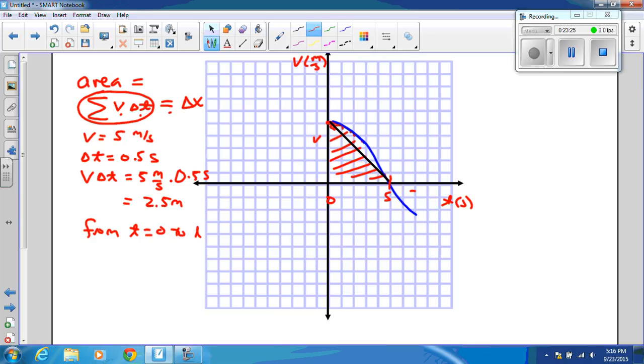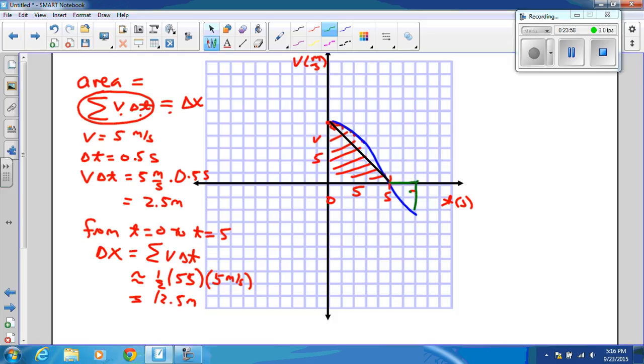So between 0 and 5, the delta x is equal to the sum of velocity times time. Here I'm going to approximate that as the area of the triangle, which is 1/2 of the base, 5 seconds, times the height, 5 meters per second, or about 12.5 meters.